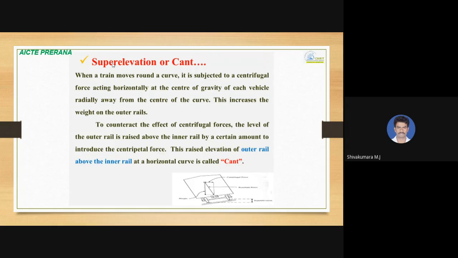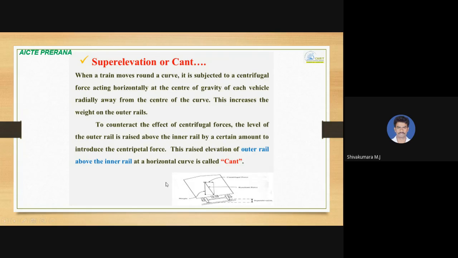So to counteract this effect of centrifugal force, the level of the outer rail is raised with respect to the inner rail by a certain amount. This raised elevation of the outer rail above the inner rail at the horizontal curve is called cant.